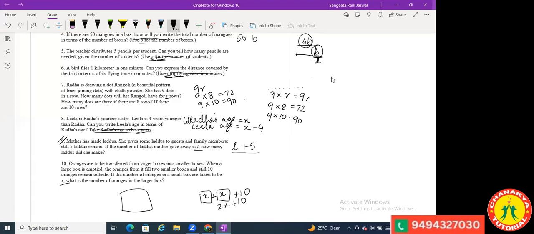Okay, use of variables in common rules. Now, how do we use the variables in common rules? In geometry, we were using rules. There we were taking L and B as variables.